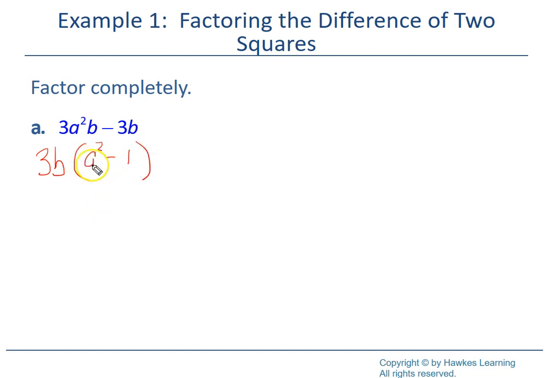Now, I don't know if you recall that a squared minus 1 was the difference of perfect squares, so that will factor into its conjugates: a plus 1, a minus 1. So this was a perfect square, this was a perfect square, and the difference factors into its conjugates.